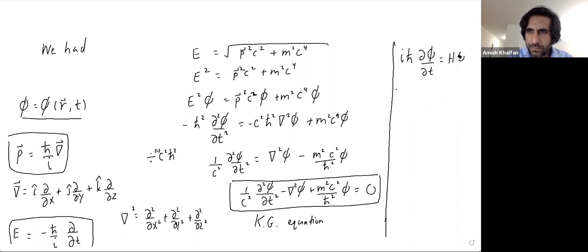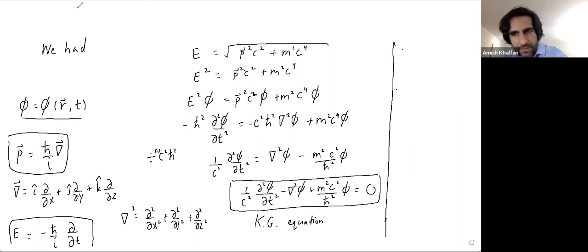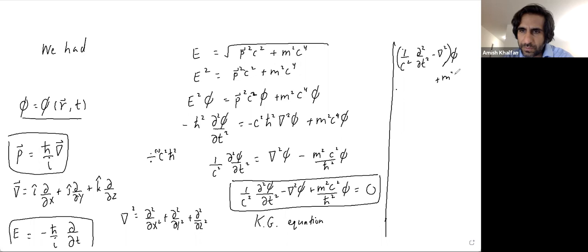And to write it in another way, let's see, 1 over c squared d2 dt squared. Let's factor out the derivative operators, minus del squared. Let's say that that acts on phi plus m squared c squared over h bar squared times phi is 0.